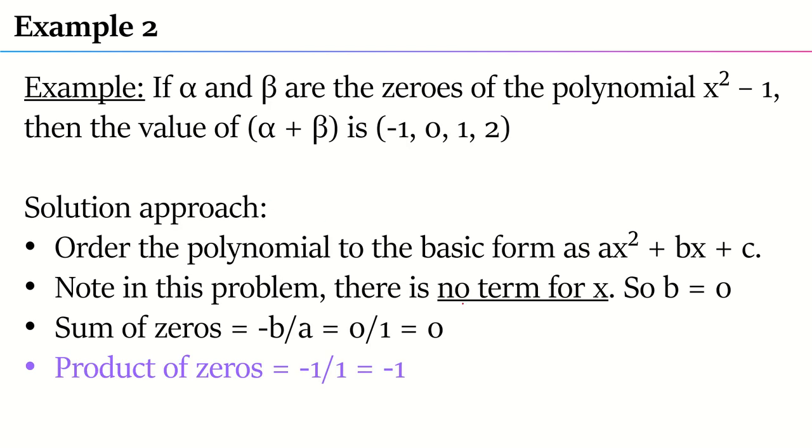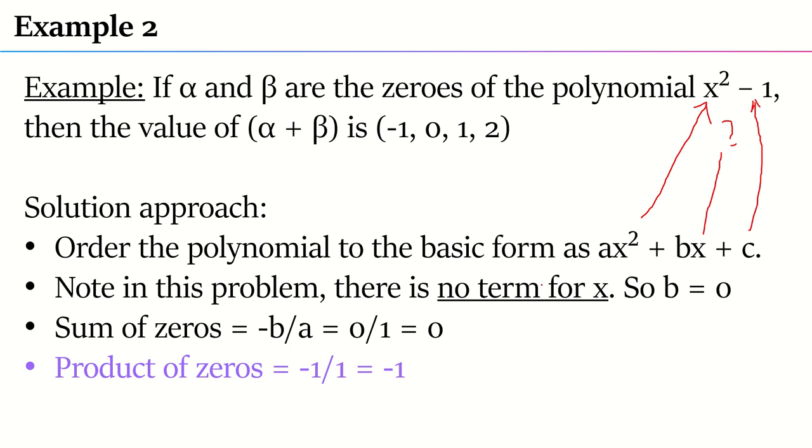So the solution approach: I told we need to rearrange the polynomial to the basic form ax square plus bx plus c. So when you try to rearrange, you find the x square term, but there is no x term, and you have the c term, that is the constant.